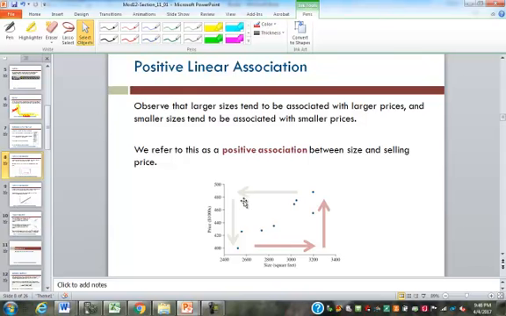Now, things that we notice here, there's something called increasing and decreasing, or positive association and negative association. In a positive association, as the numbers on the independent axis get larger, the numbers on the dependent axis get larger. And vice versa. If the numbers on the independent axis get smaller, the numbers on the dependent axis get smaller.